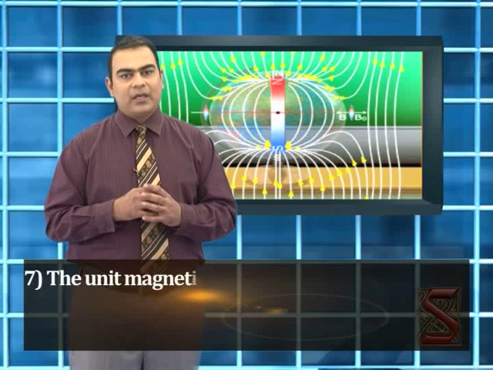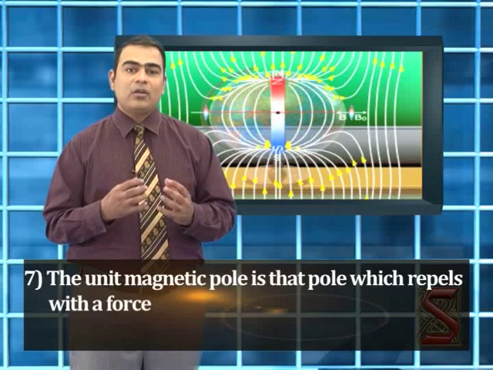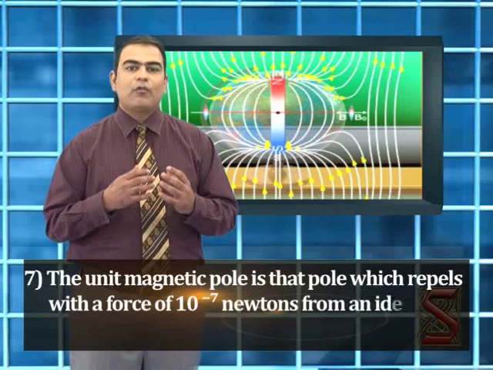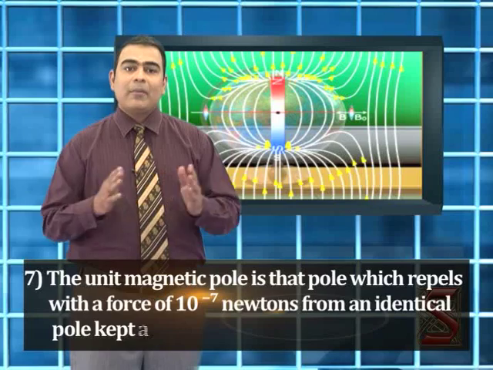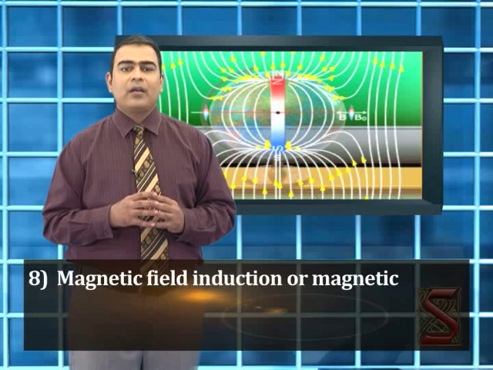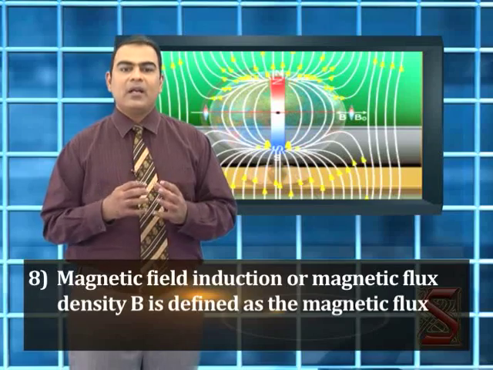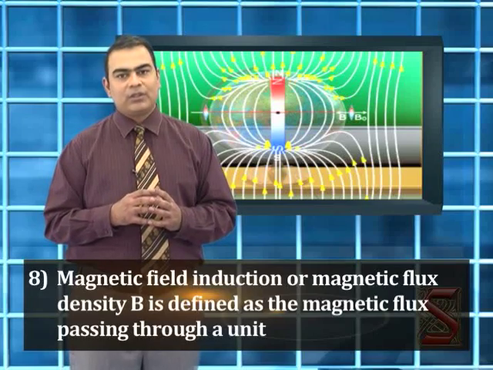The unit magnetic pole is that pole which repels with a force of 10 to the power of minus 7 newtons from an identical pole kept at a distance of 1 meter. Magnetic field induction or magnetic flux density, B, is defined as the magnetic flux passing through a unit normal area.